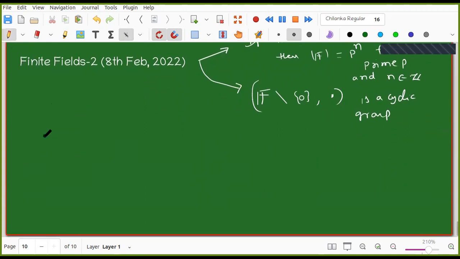Now once F minus 0 is a cyclic group, what is going to happen?